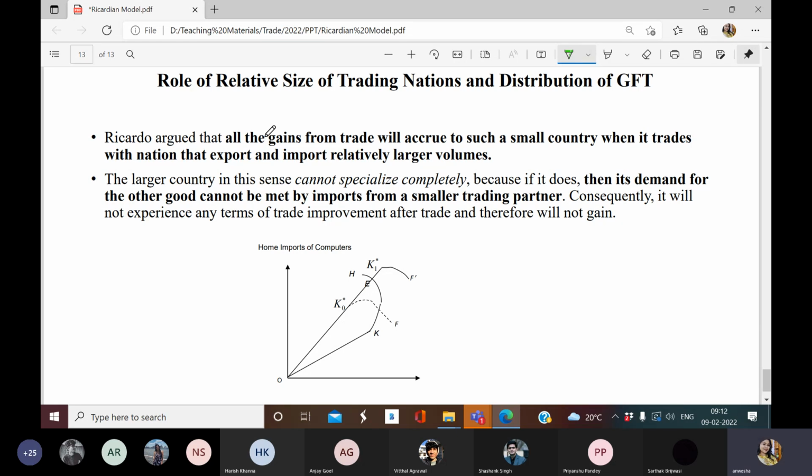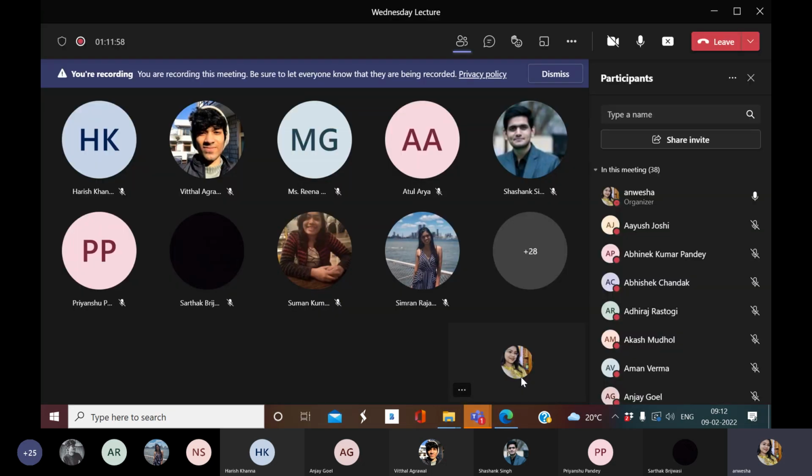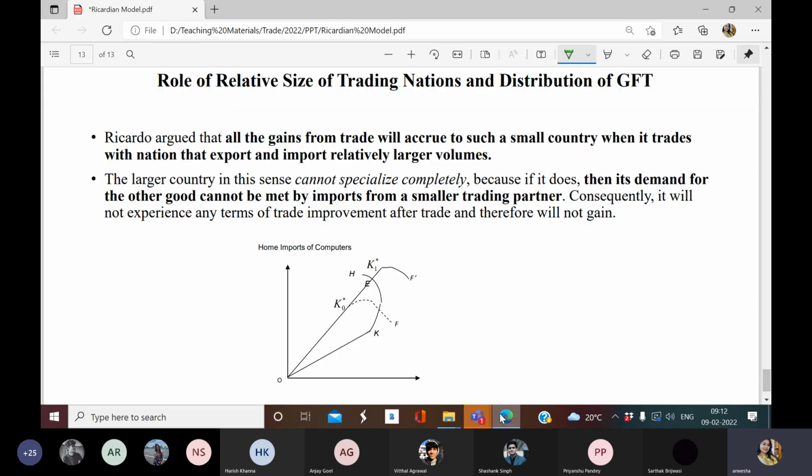Now we have to first define what we mean by a large country or small country. For open economies, a large country means the amount of excess demand or the amount of excess supply is large.